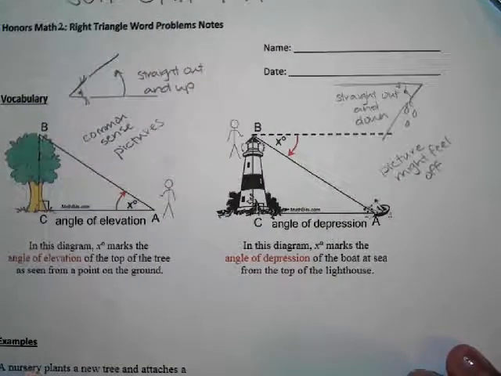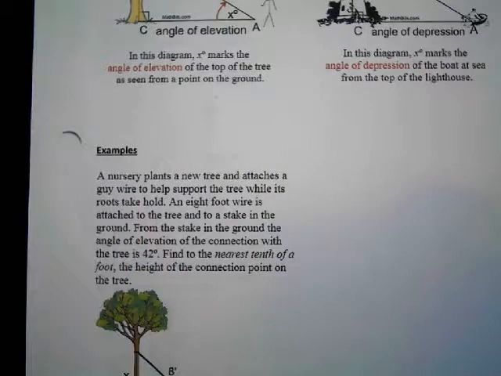All right, make sense so far? The two phrases, angle of elevation, angle of depression. We think we can remember the difference between those? Okay. So when you are drawing these, my recommendation is to not just draw a triangle. All of these are going to be right triangle pictures. The best thing to do is if they give you a situation and it involves a tree, a boat, a person, then draw that.